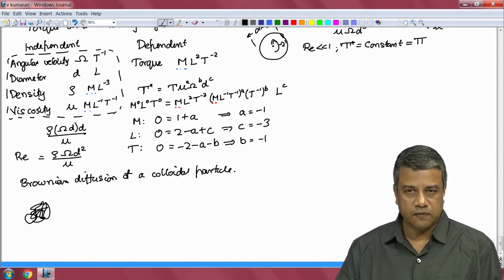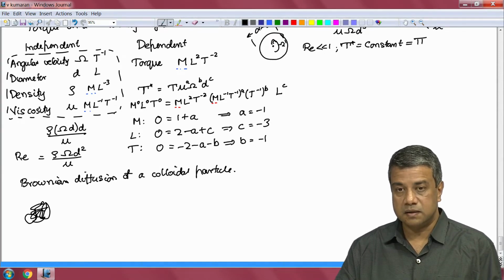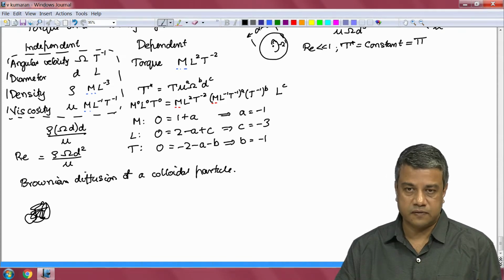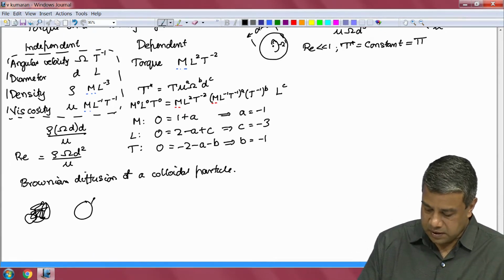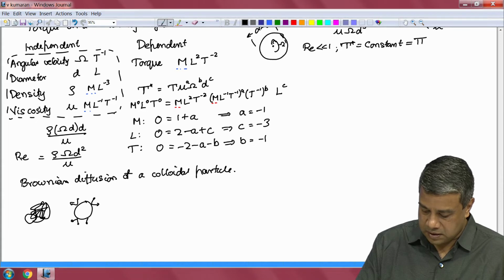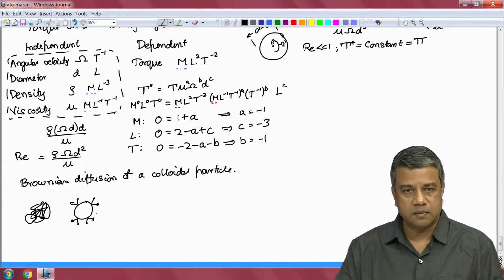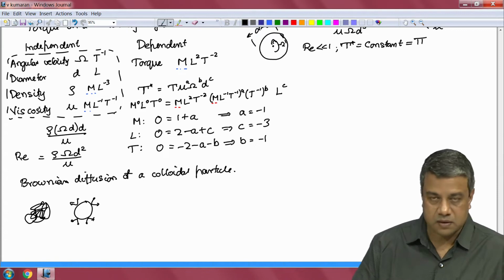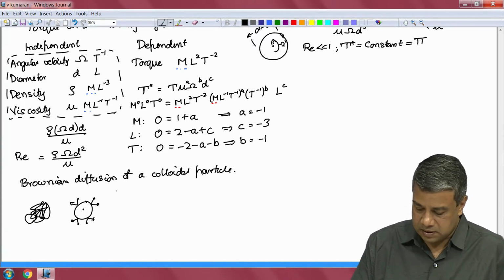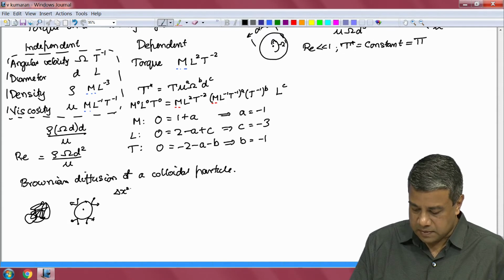The fluctuating forces of the molecules which are in thermal motion in the fluid exert an instantaneous force, which is 0 on average, but because of instantaneous asymmetry between the forces exerted by molecules on one side of the object and the other side, you get this Brownian motion, this random motion of the particles. The displacement is usually written as the mean square of the displacement.